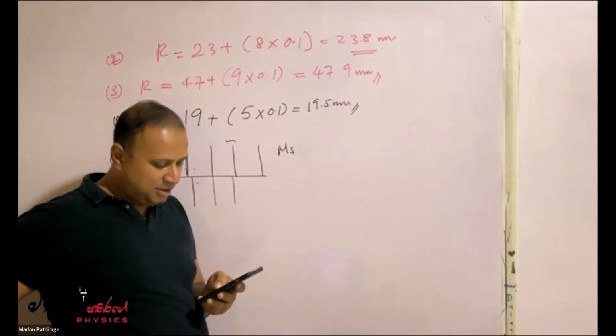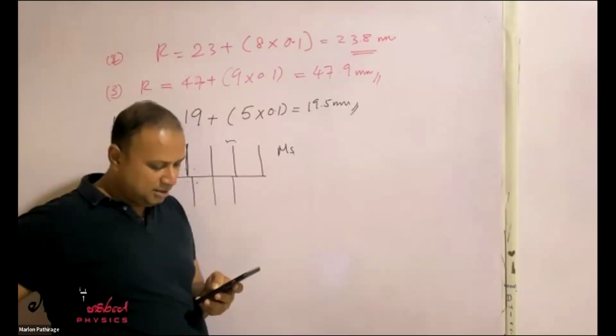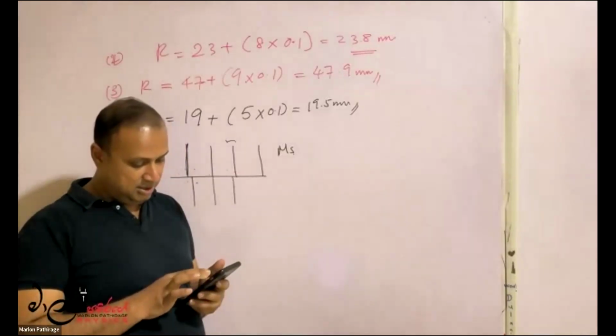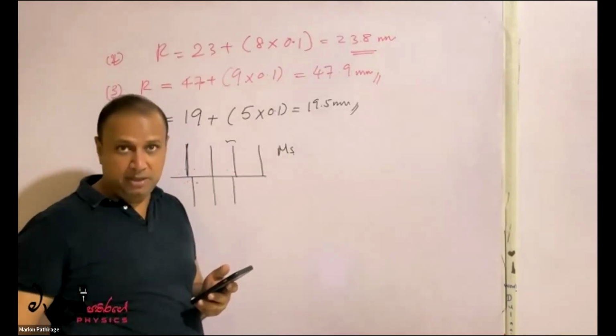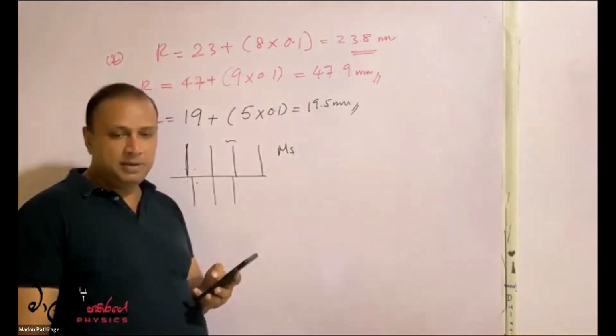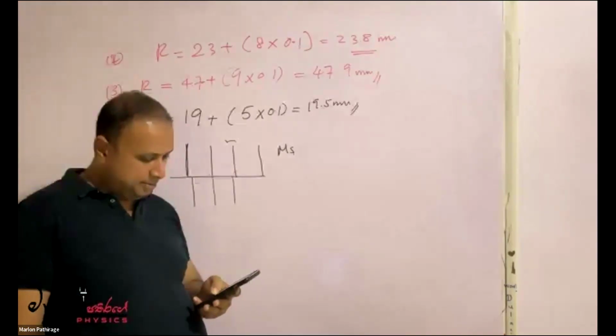The question number 2. 0.6 means it is 6 millimeter.